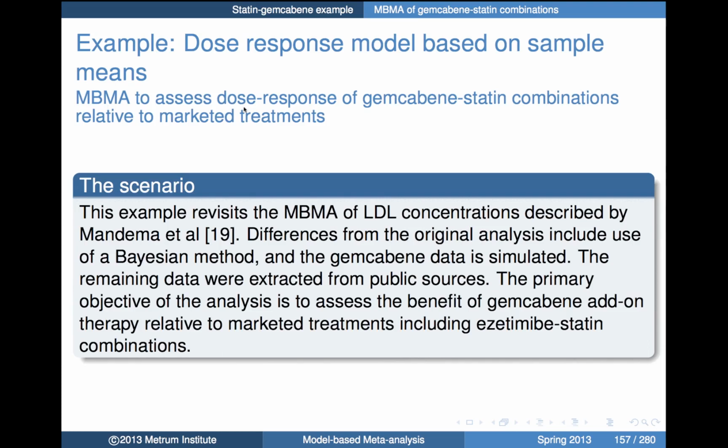We're going to look at the dose response of gemcitabine statin combinations compared to both statin monotherapy as well as to statin ezetimibe combinations. This recapitulates what was done as part of the gemcitabine development program, so we're going to pretty much follow along with the example that Mondema did, largely replicating it.